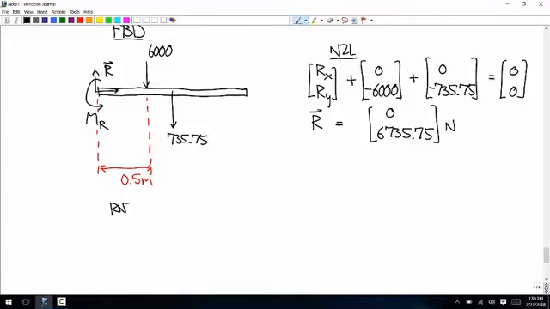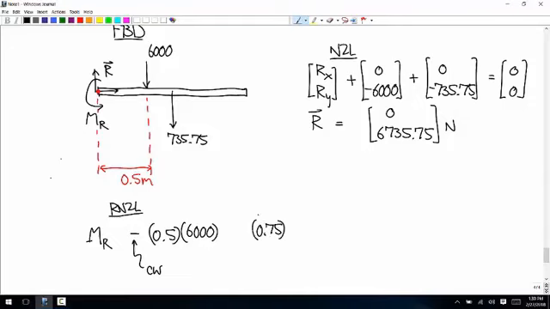And then the moment equation, we'll use the same about point we did last time. So we have MR, and then we have the 6,000 Newton force with a moment arm of 0.5. Is that clockwise or counterclockwise? Clockwise, so that's negative. And then we have the moment arm of 0.75 and the force of 735.75.